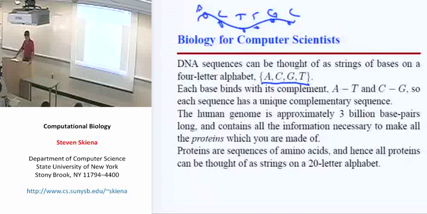One interesting property that's going to be important to us sometimes is that bases want to bind with their complement. So A and T tend to want to be together, and C and G want to be together, okay? And what does that mean? You can think of this molecule as being a flexible thing. Because A wants to bind with T, you might imagine a molecule doing something like this.